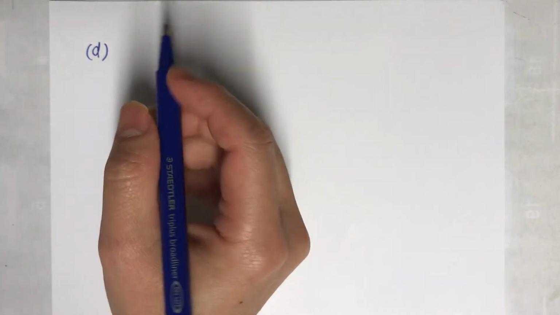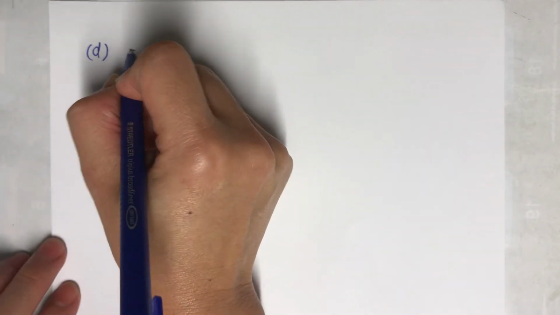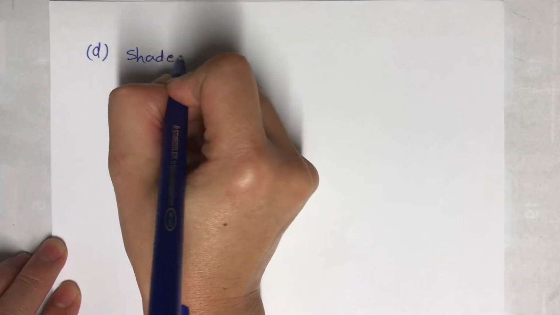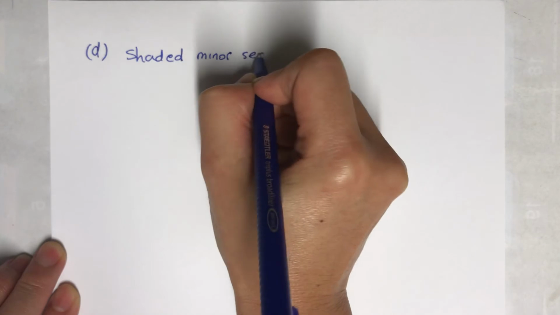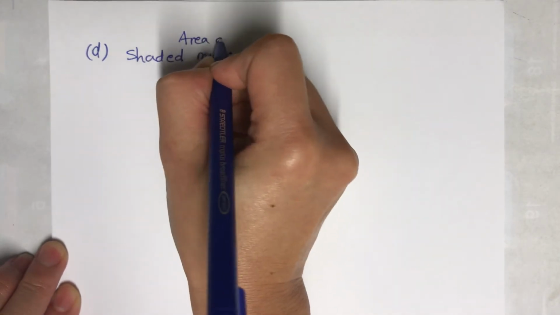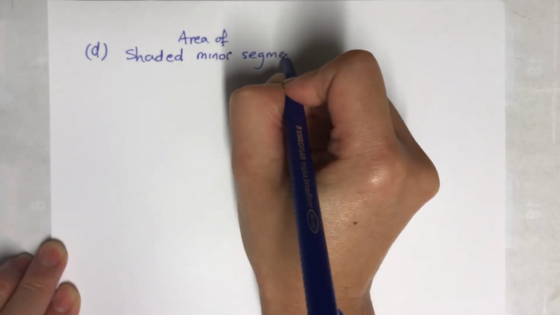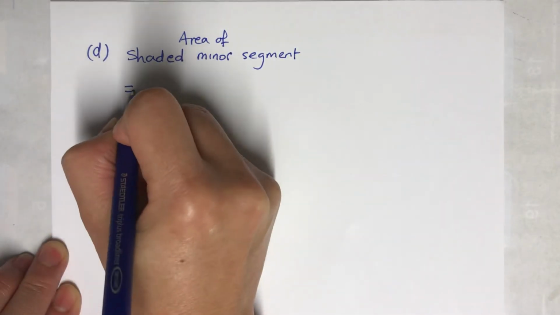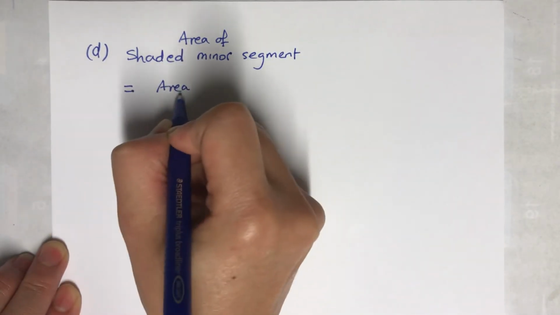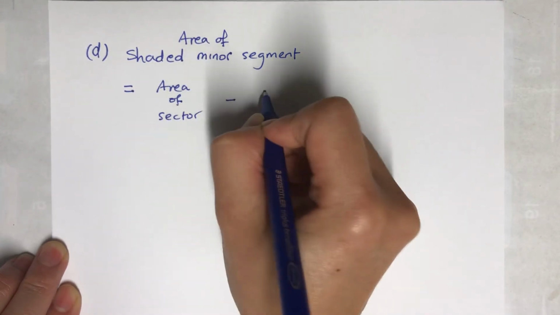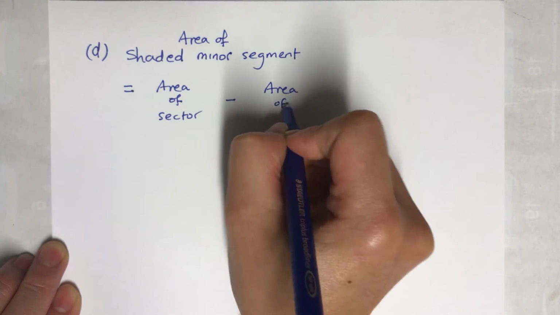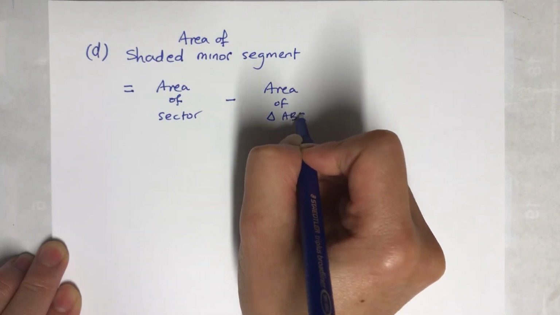So here I'm going to do D. I'm going to go area of the shaded minor segment equals area of sector take away area of triangle ABC.